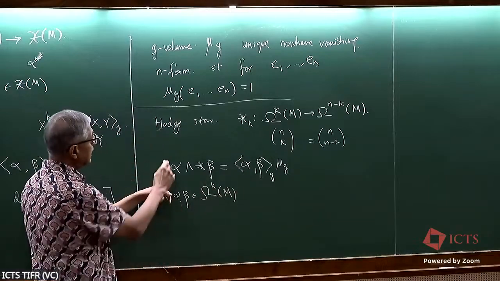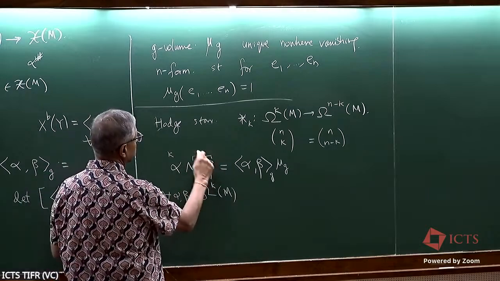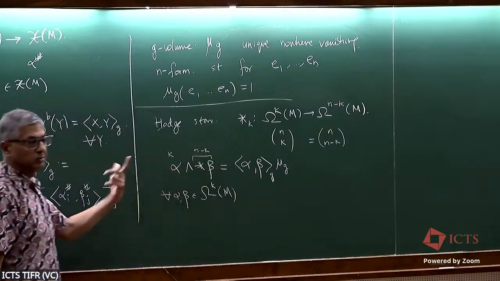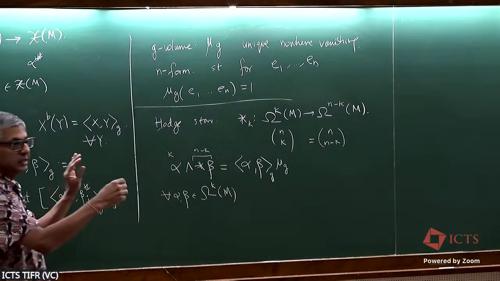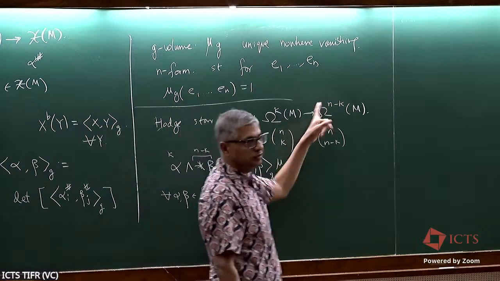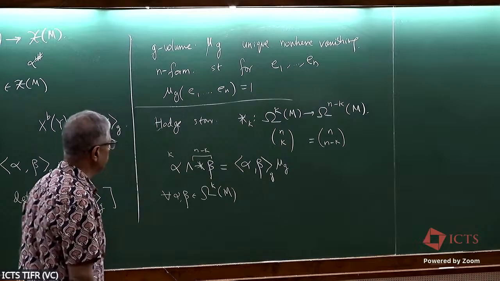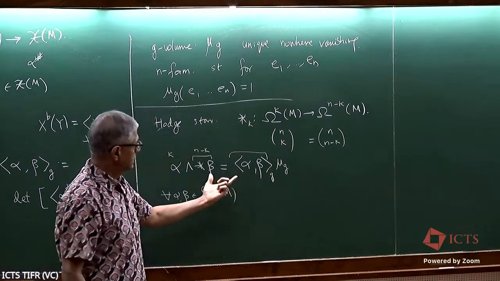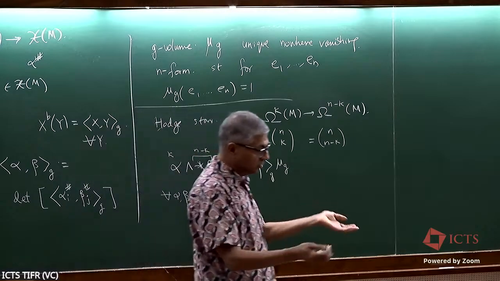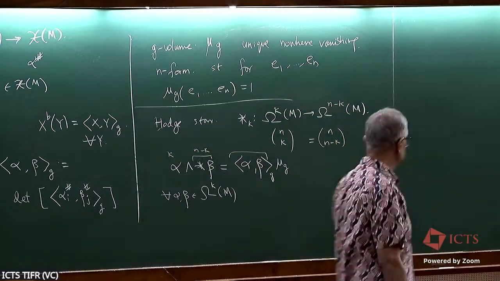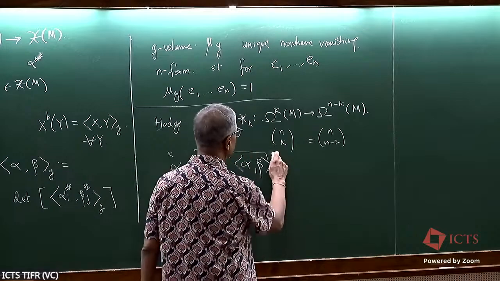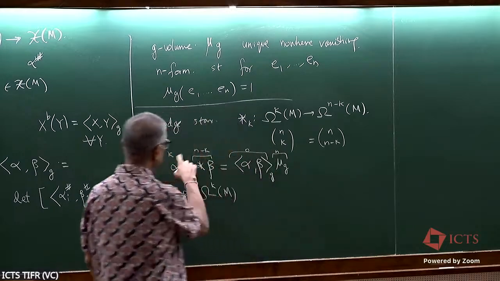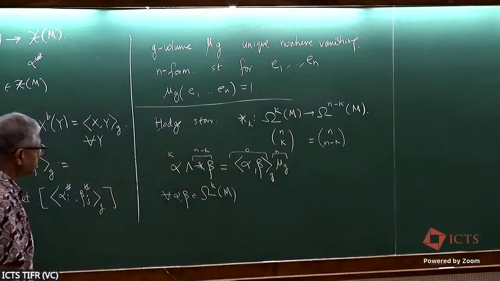So this is K, this is N minus K, so the whole thing is an N form. Multiplication adds the degrees. By the way, these things are called degrees of the form. K is the degree K form. And this is a zero form, a function, because you take the dot product at every point on the manifold, you get a number. So in the end, you get a function, which is a zero form, times an N form. And so this is 0 plus N, and so at least that matches.